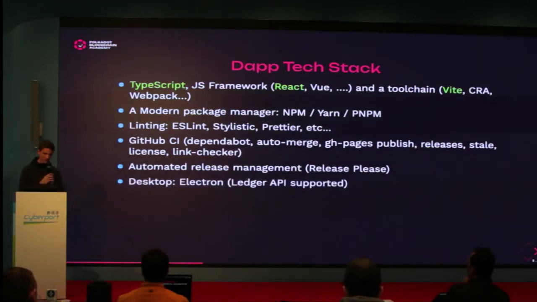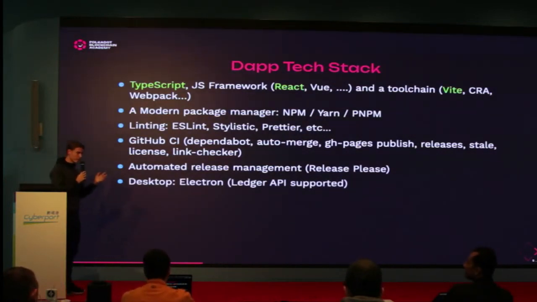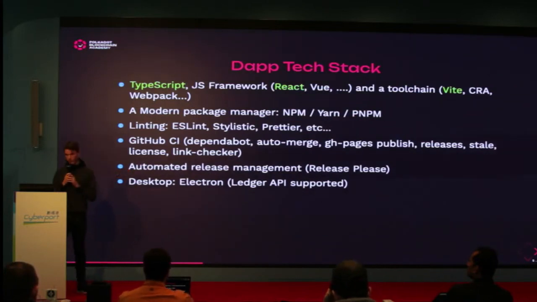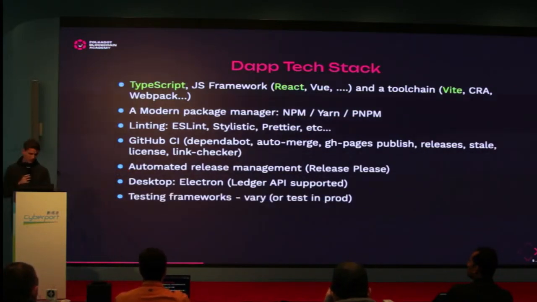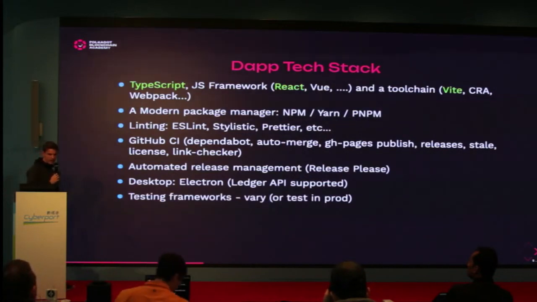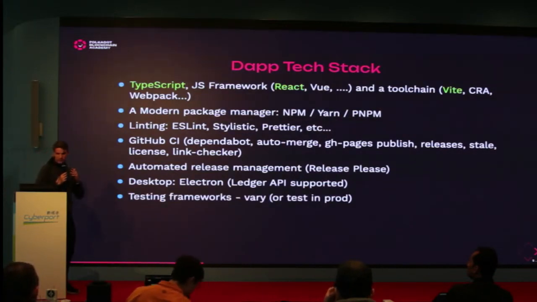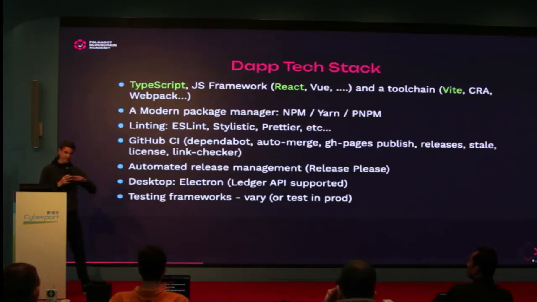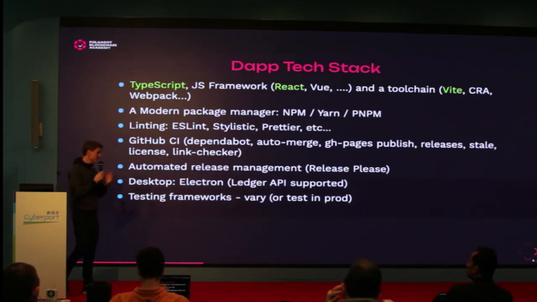For desktop, Electron is probably the best framework to go to right now, purely because we don't have access to web extensions. So instead, we rely on hardware wallets, and Ledger provide APIs out of the box to connect to Electron apps as well. Yeah, and testing frameworks. Because we are not relying on maintaining a $7 billion market cap with the dApps, that is the node's responsibility.